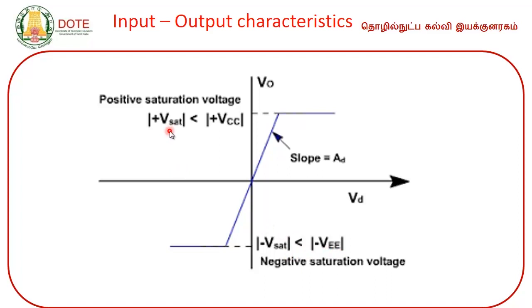So let plus V saturation be plus 8 volt, minus V saturation minus 8 volt, plus VCC 10 volt, minus VEE minus 10 volt. The meaning is operational amplifier output voltage is always between plus 8 volt and minus 8 volt. At any point of time the output voltage cannot exceed this range.